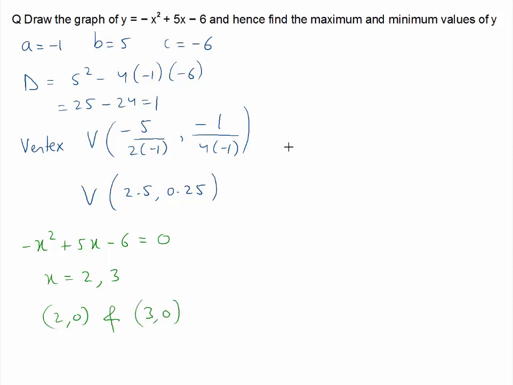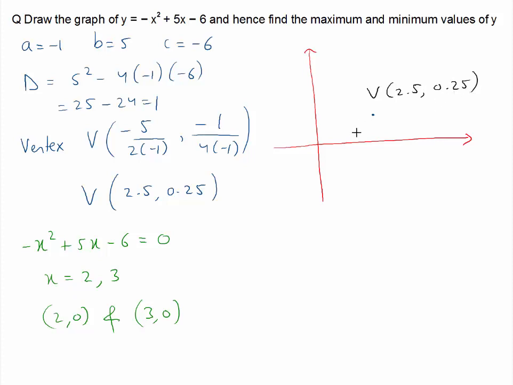Now let's draw the graph of this quadratic expression. Since a is negative, it must be a downward parabola whose vertex is 2.5, 0.25. So let's say the vertex is here, v 2.5, 0.25.